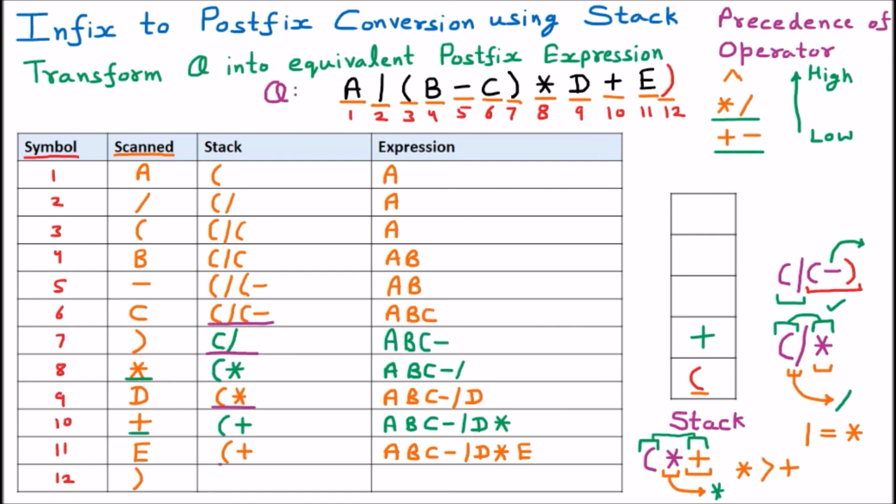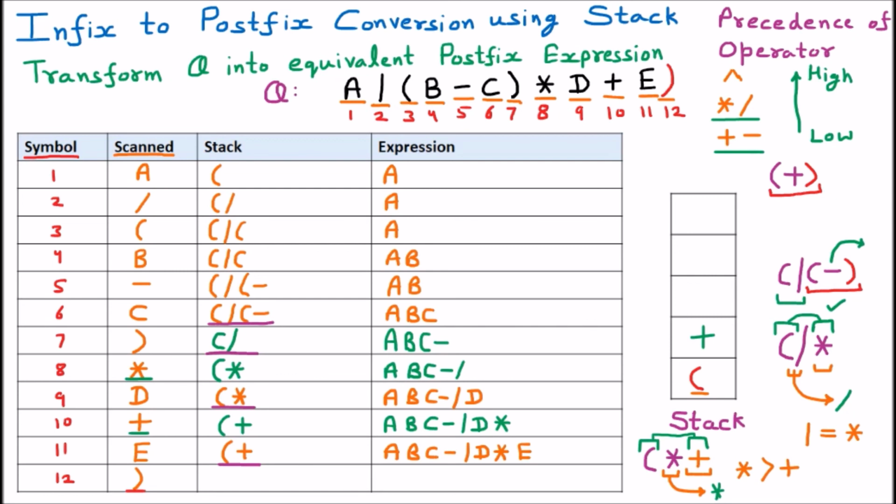So I am taking this out to make you understand, like rough work. So bracket and plus, and now this closing bracket is encountered. We must know that from this closing bracket till the previous bracket we have to solve this.